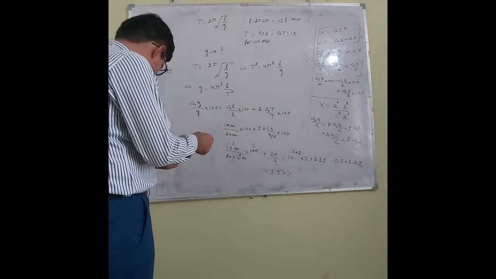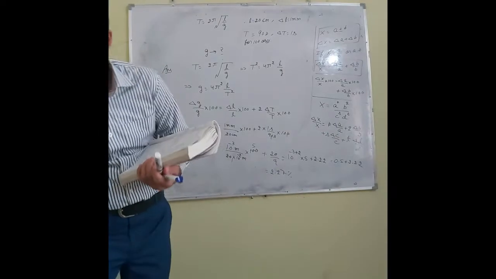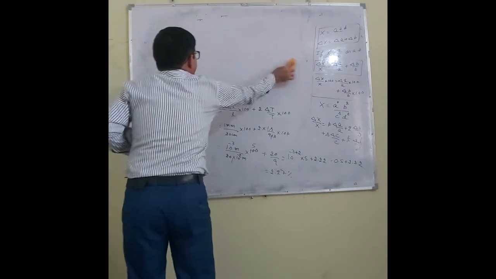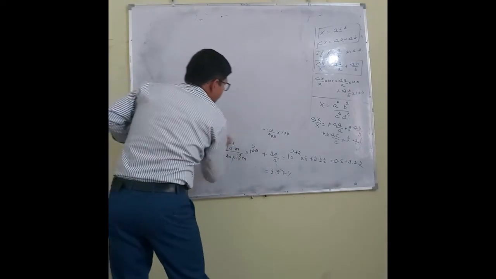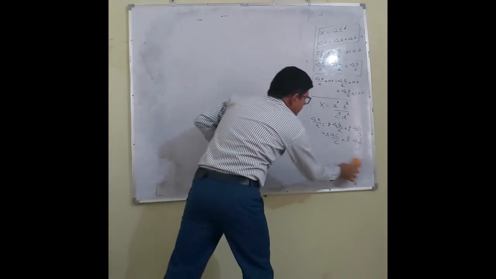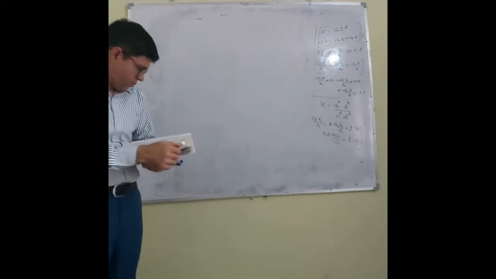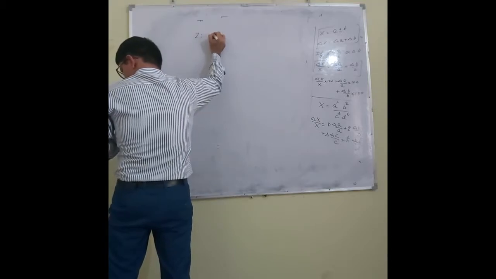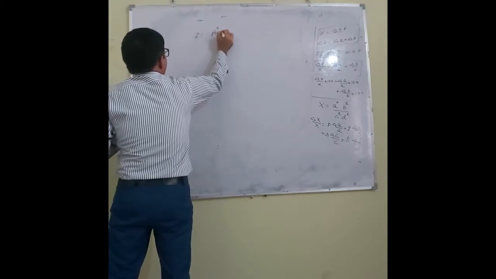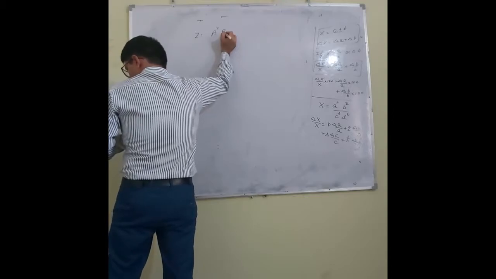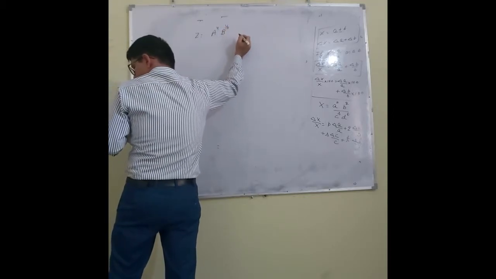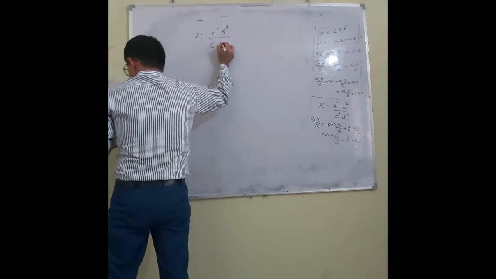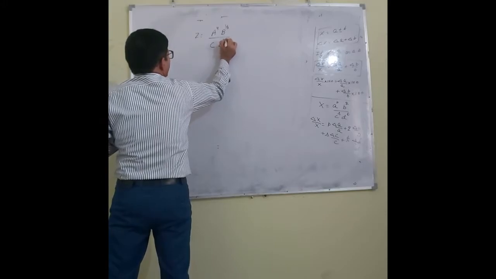Next is, find the relative error in Z if Z equals A to the power 4, B to the power 1 by 3, divided by C D to the power 3 by 2.